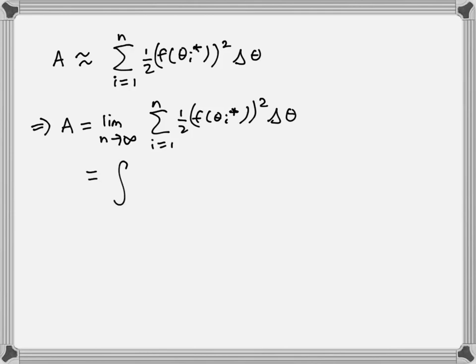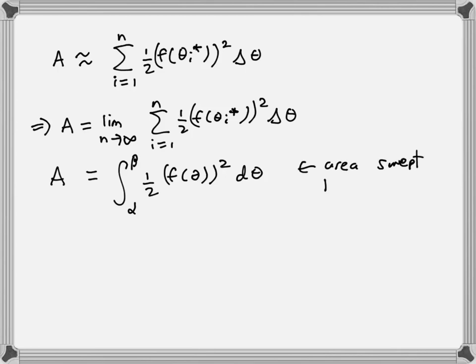This is just going to be the integral from alpha to beta of 1/2 times f of theta squared d theta. So this is the area swept. It's not the area under the curve. Remember, it's the area swept by the curve r equals f of theta when theta is between alpha and beta.